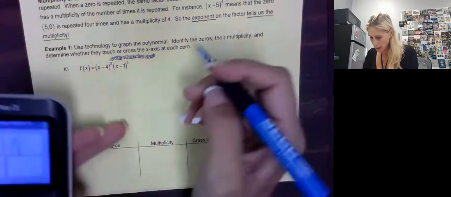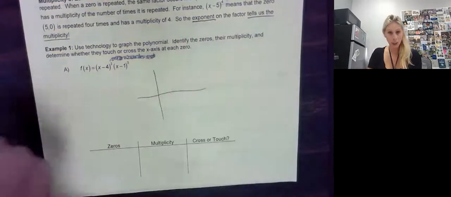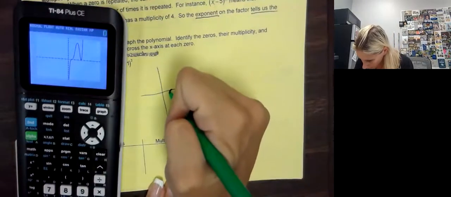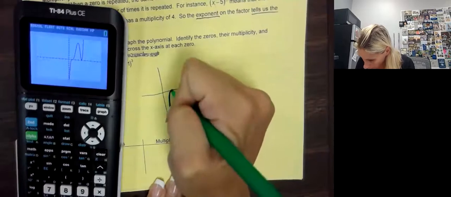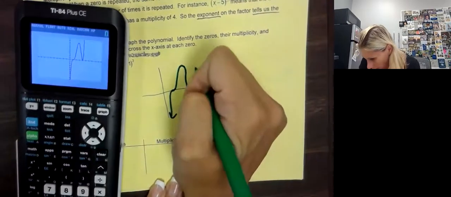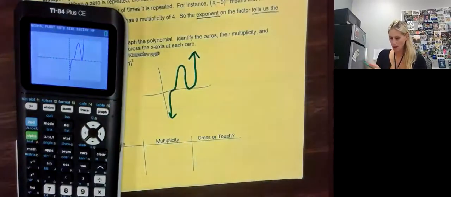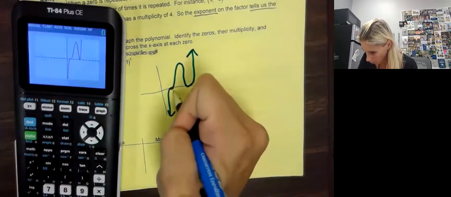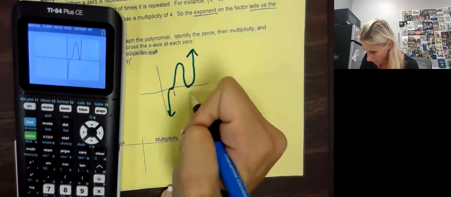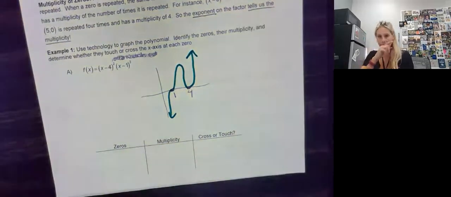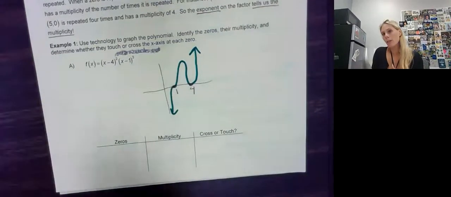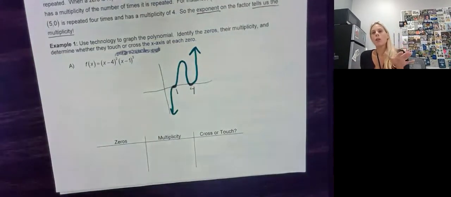Okay, so this graph, I'm going to sketch it out just so we can see it. It comes up, down, and up. All right, let's look at those zeros. So right here we have a 0 at 1, and we have a 0 at 4. That makes sense here because what makes that 0, 4? What makes that 0, 1? Now, when I write these things in a chart, you want to go from smallest to largest because that will help us sketch it later.